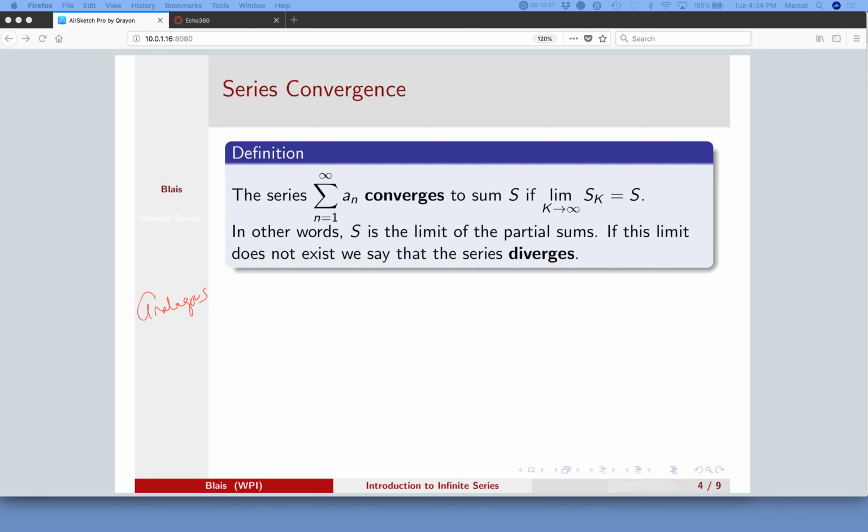So we'll say it's analogous to improper integrals. Remember, for improper integrals, we started with something like the integral from 1 to infinity of f of x dx.